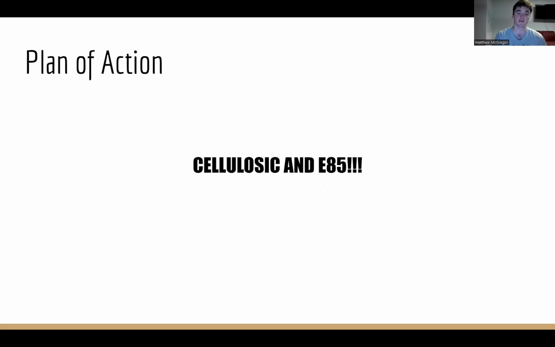So the plan of action: cellulosic and E85, that's what I'm talking about. If funding were not an issue, it is my strong belief that the government should install positive regulations regarding the production and transportation of cellulosic ethanol in order to gradually transfer resources over time from sugar and starch-based ethanol production into more sustainable options of cellulosic ethanol production.